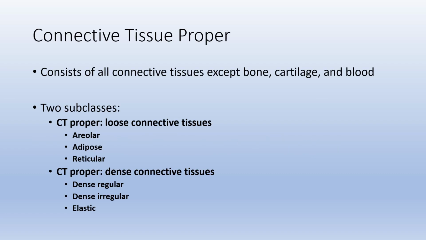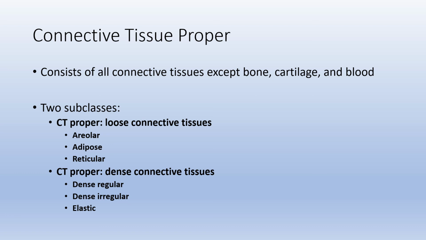We will first start by talking about connective tissue proper, which we will just write as CT proper. Connective tissue proper includes all connective tissue except bone, cartilage, and blood, aka the other three main classes of connective tissue. We have to continue to break it down.